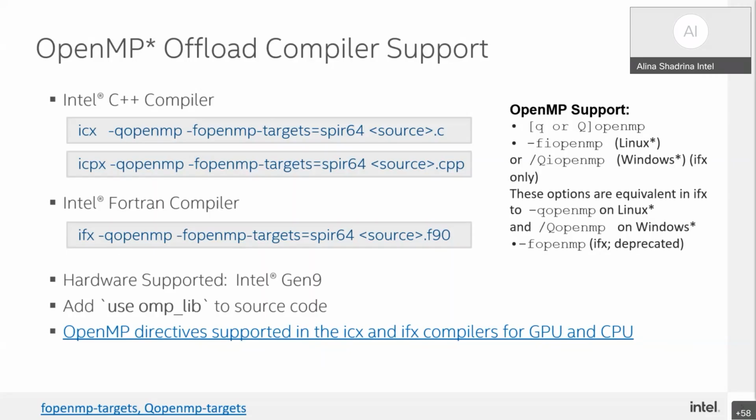So okay, summing up, you need to use the next-gen compiler, add the OpenMP and -fopenmp-targets options, add use omp_lib to your source code, and also I put the link here, so I would recommend you to check to make sure that you have a supported GPU and the OpenMP pragmas you are going to use are supported by the compiler.